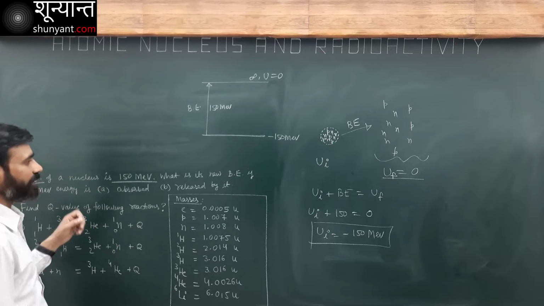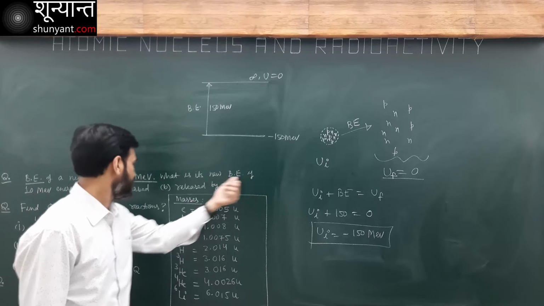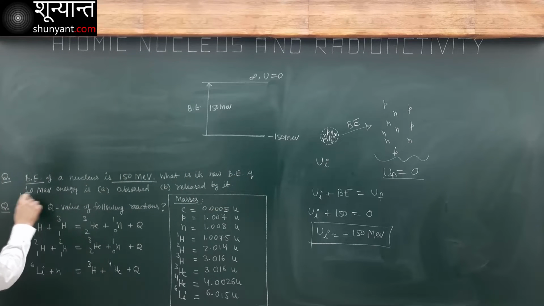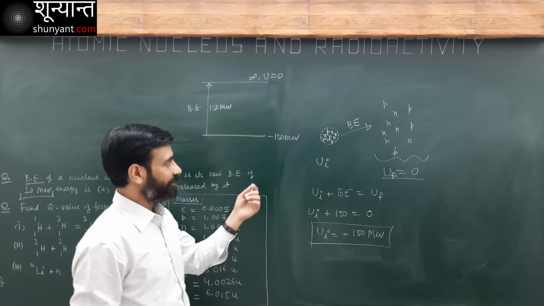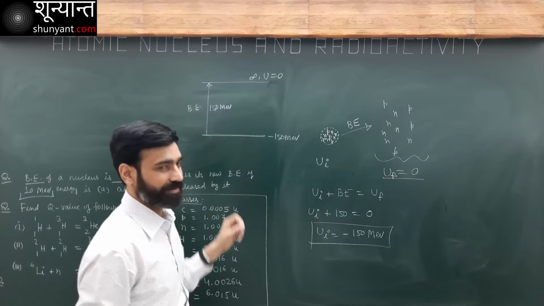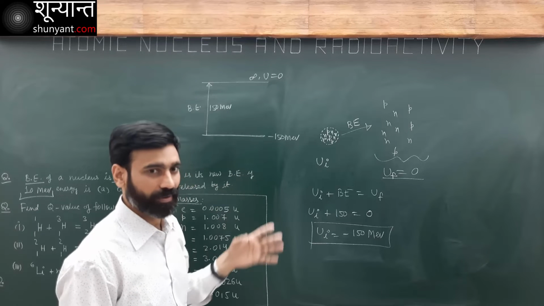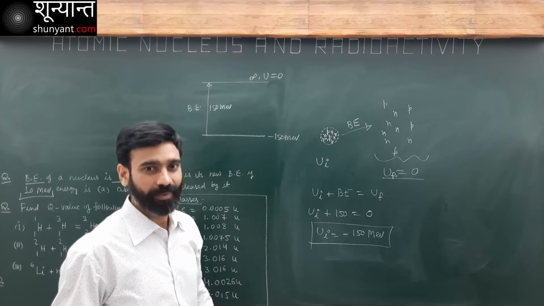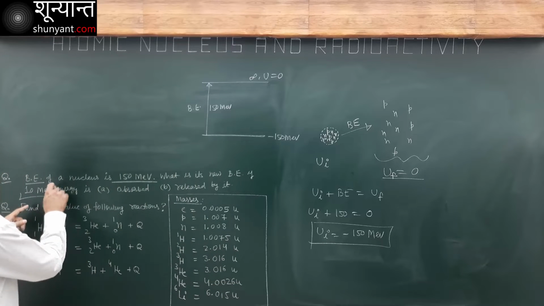Now the question is, what is the new binding energy if 10 mega electron volt energy is absorbed? Do you understand this? If I supplied the full 150 mega electron volt, it would be broken apart. I am not supplying that much energy, only 10 mega electron volt.